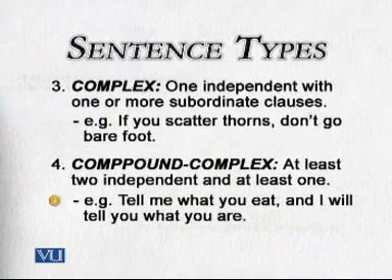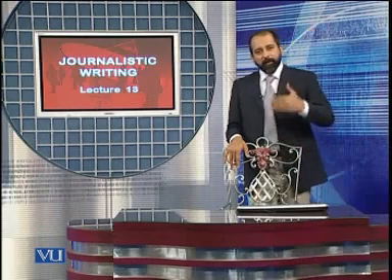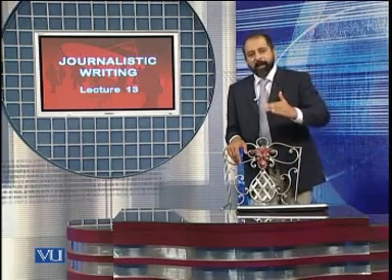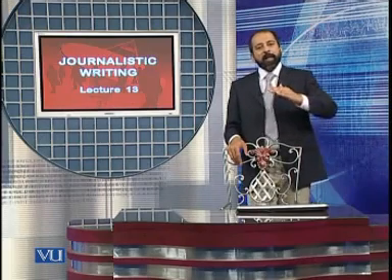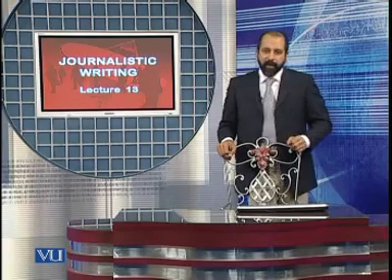I'll tell you is complete. What you are, dependent. So, in this sentence, there were two independent and two dependent ideas. So, it's more than compound, and it's more than complex. That's why we call it a compound complex sentence.